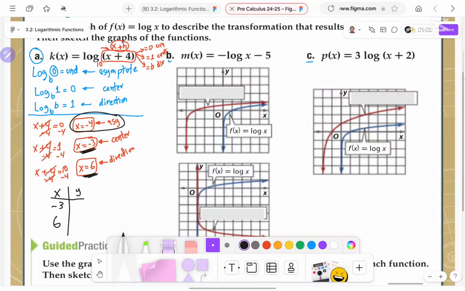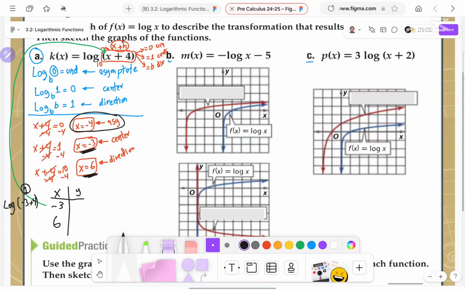Now what I have to do with these values is replace them in the function, in the x. So it will be log, let me change the color so you can see. The first one is log of x plus 4, which is negative 3 plus 4, equal to 1.